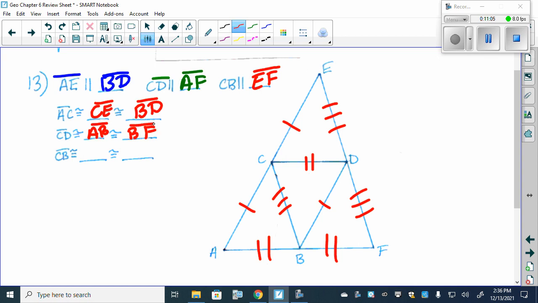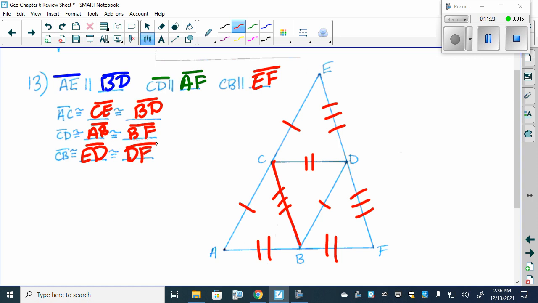And lastly, CB would be congruent to ED and DF. And that's it. Any questions on number 13?